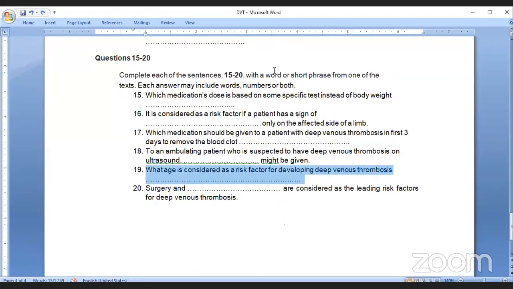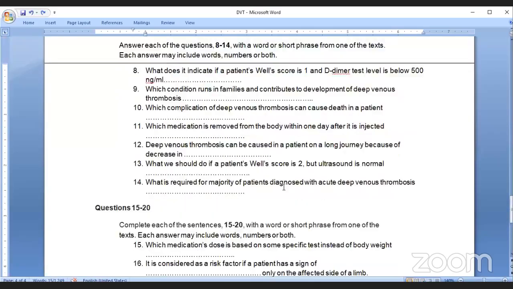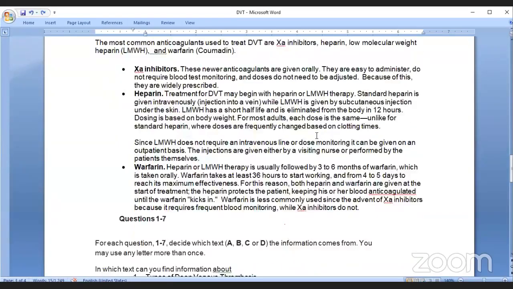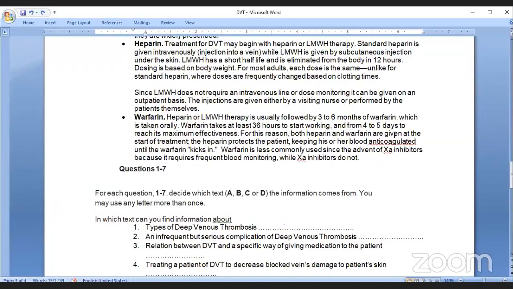In which text can you find this answer? Dr. Nadeem, the previous question's answer was both heparin and warfarin. Okay, the answer was here. For this reason, both heparin and warfarin are given at the start of treatment, because warfarin takes 36 hours to start working.